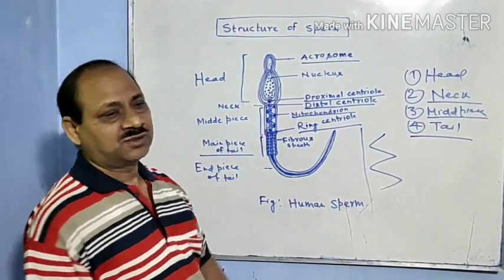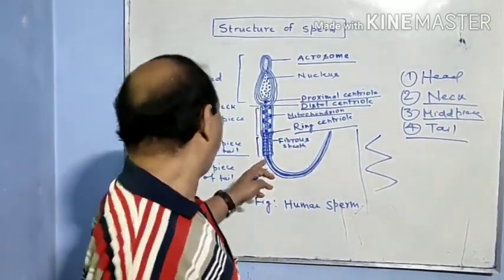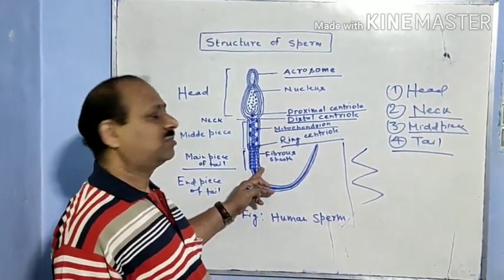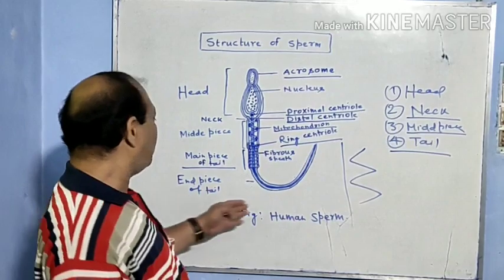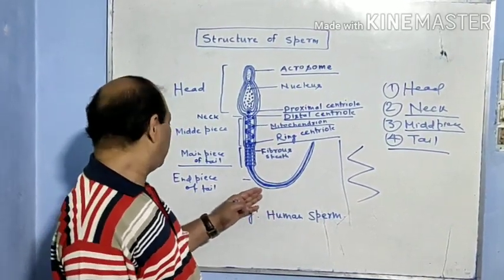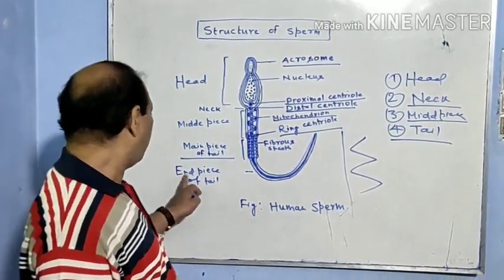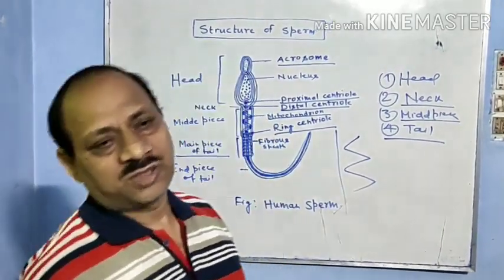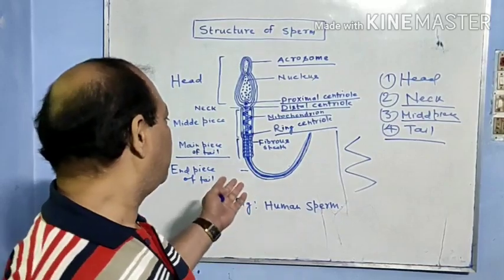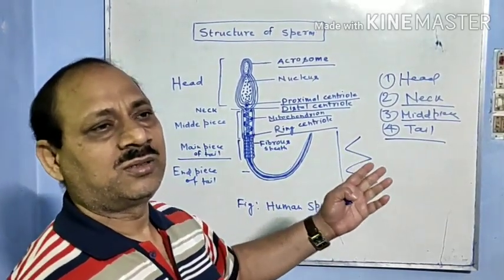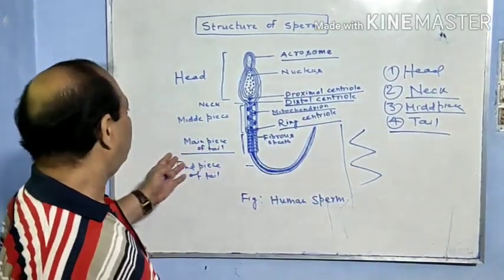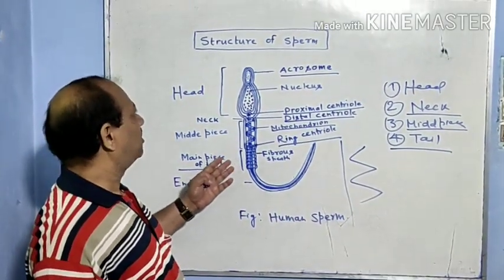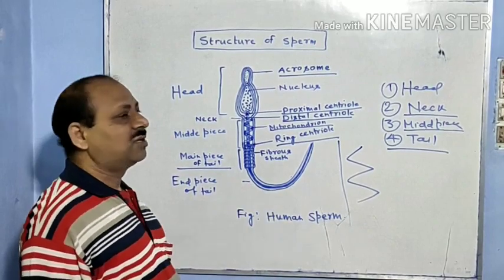This piece is surrounded by a layer of cytoplasm and the remaining part of tail is known as end piece. It is not surrounded by cytoplasm. It contains only filament. In this way, the discussion on structure of sperm has been finished.